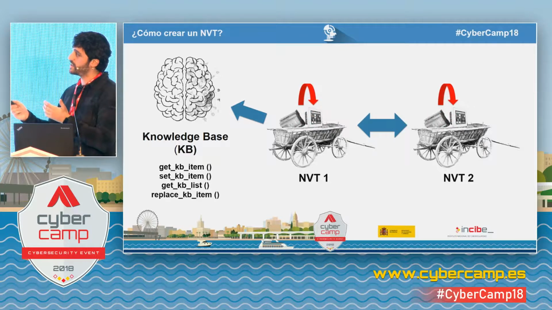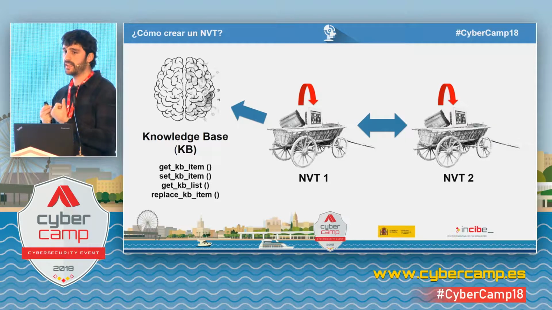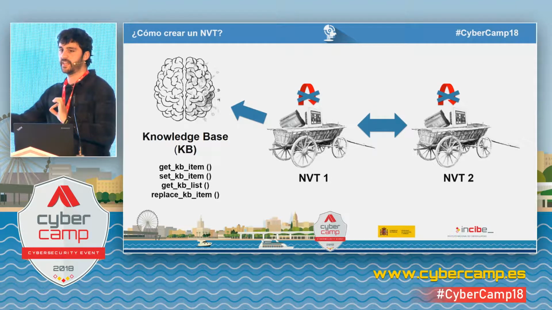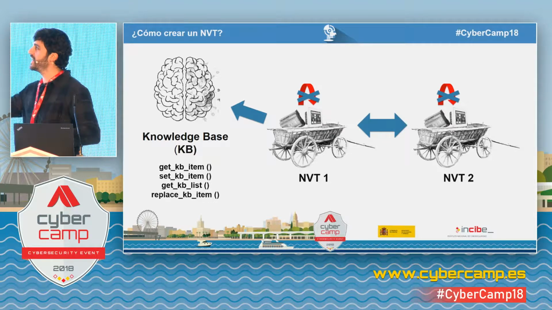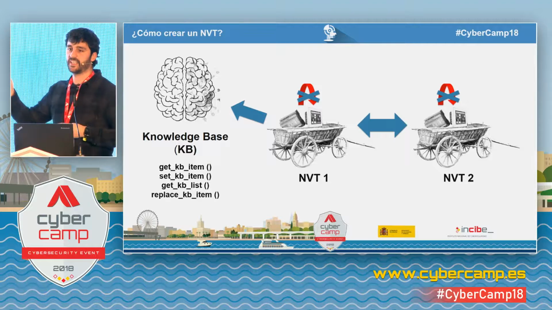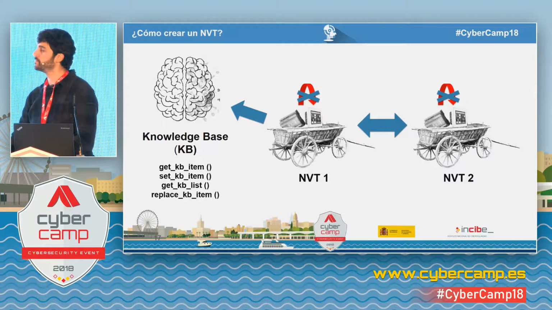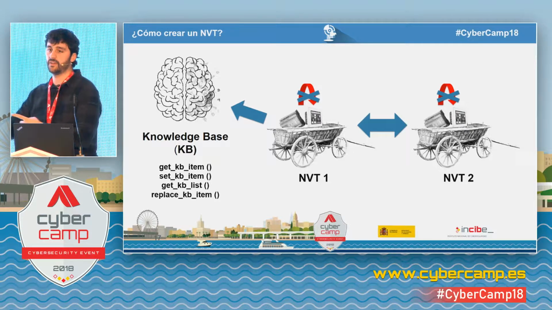And then a very important concept when it comes to creating an NVT is the following. If I create NVT1, and then if I fill it in with information, this is information that I cannot use in the very same NVT. So that means that I have to link the various NVTs. So in NVT1, I detect that port 80 is open, but it is also vulnerable because it has whatever Apache version.